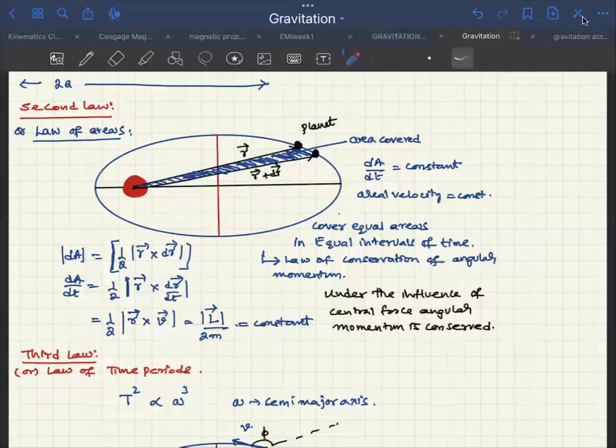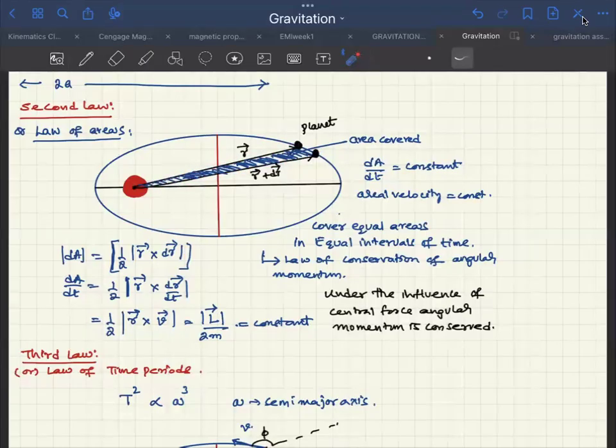Now, for example, you take a general case where initially the planet is at position r bar, and now it is at position r bar plus dr bar in a very small interval of time. This is the area swept by the radius vector.